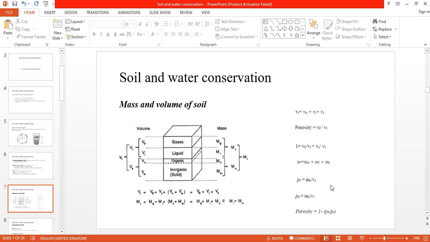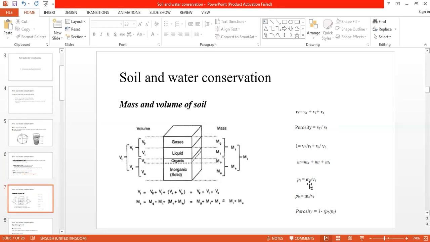For the particle density, given as ρs, we get the mass of the solid phase of the soil divided by the volume of the solid phase of the soil.